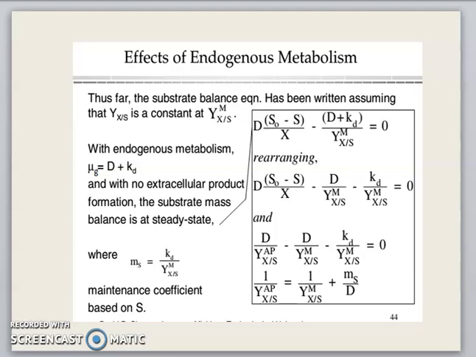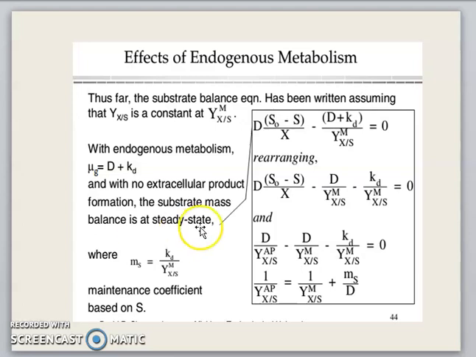Without endogenous metabolism, Kd is 0, but with it, we have a value of Kd. That's why Kd is required to be considered.